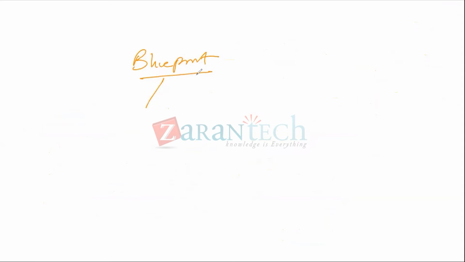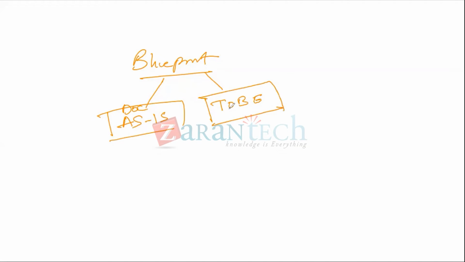We can understand it like this: it is a combination of the as-is document and the to-be document. The existing process, and this is the expected process. Any terms you can use, they are one and the same.